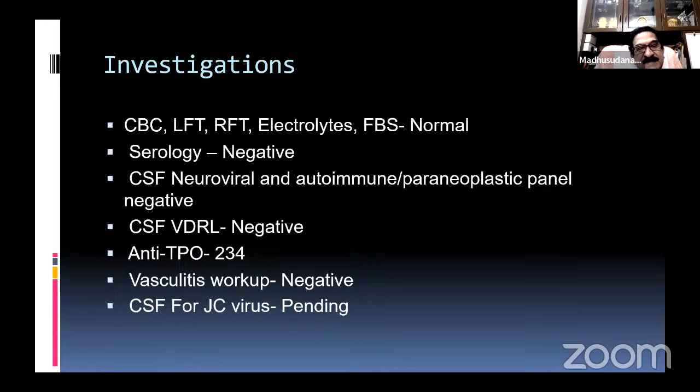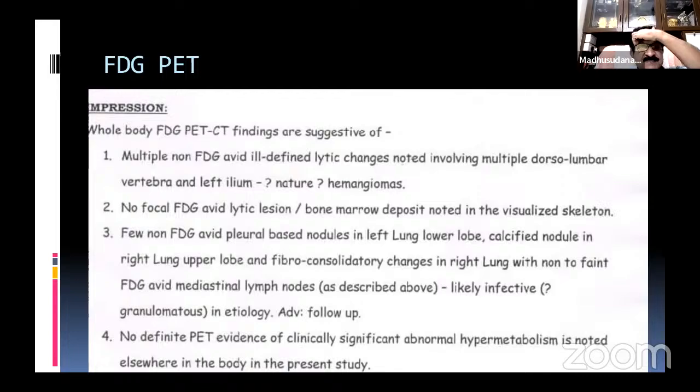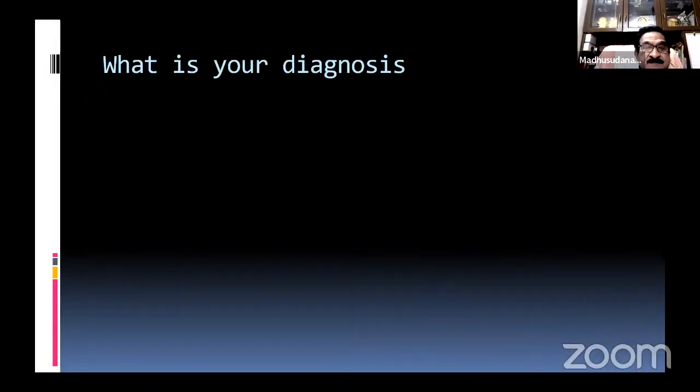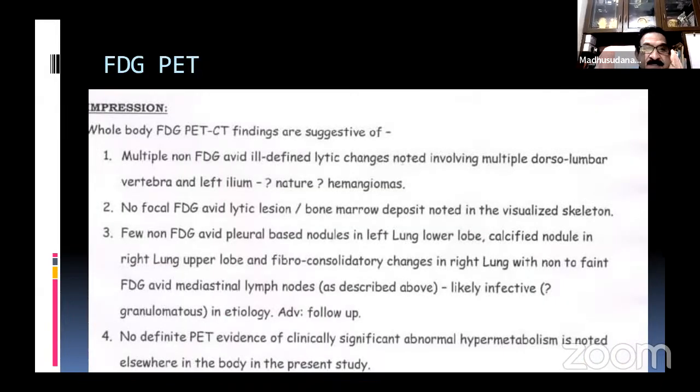CSF JC virus was pending. And the FDG PET was done. That showed multiple non-FDG-avid ill-defined lytic changes involving multiple dorsal lumbar vertebrae. Just forget about that. In the lung and the whole body, PET is not showing any clear abnormality like a tumor or anything. No definite PET evidence of clinically significant abnormal hypermetabolism is noted elsewhere in the body in the present study.